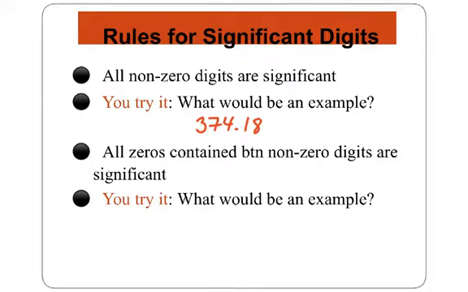All zeros contained between non-zero digits are significant. Let's show an example of a number where there is zeros between non-zero digits. Let's see if we can figure out what this means. So again, pause it, come up with your own example, and then play the video and see if it's similar to mine.